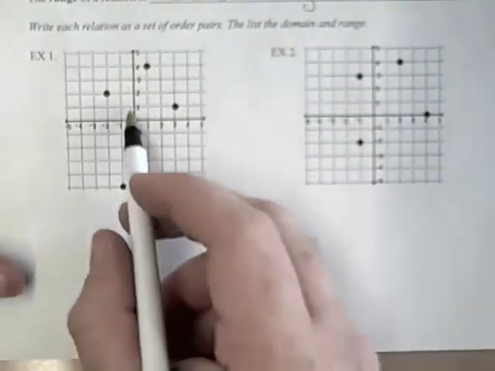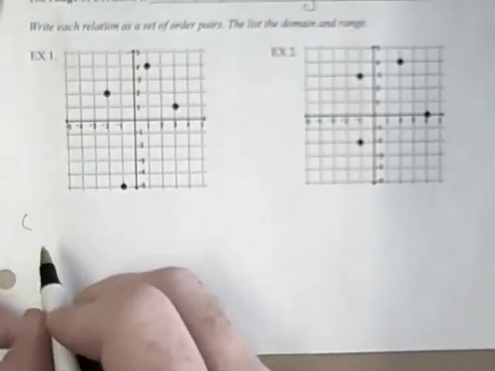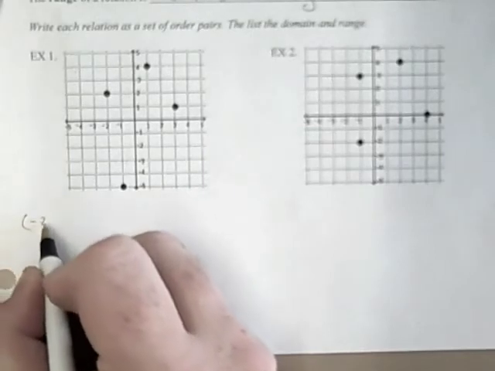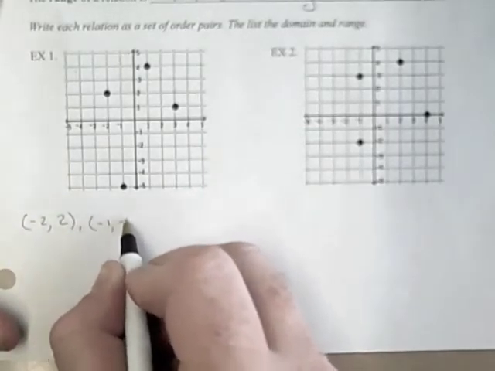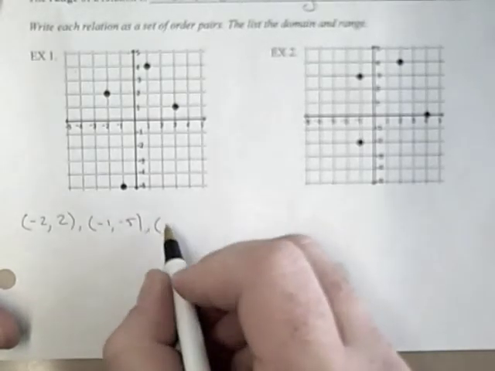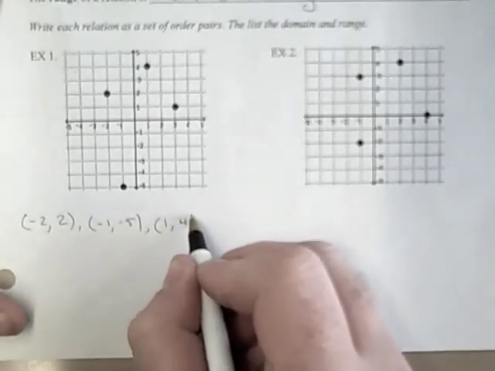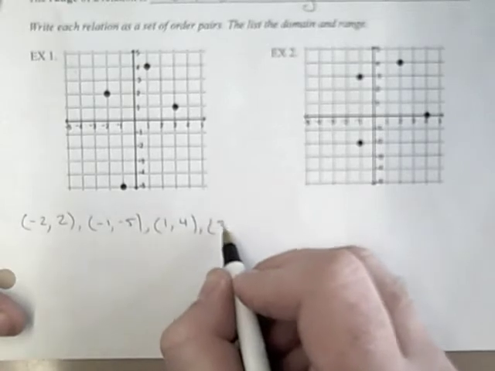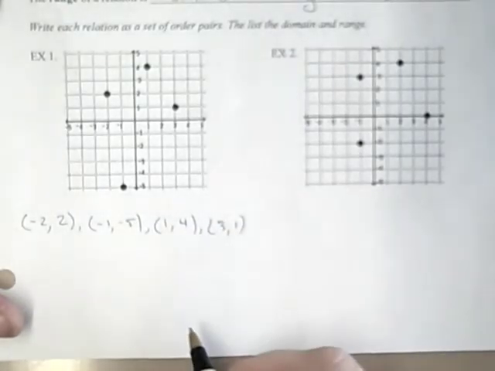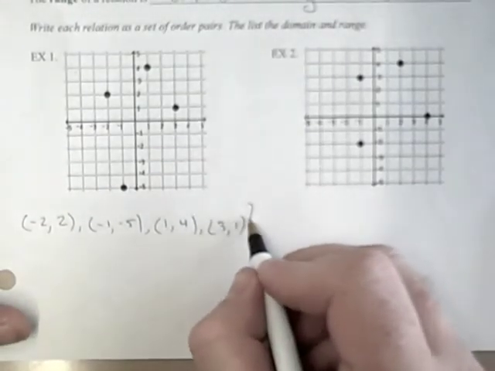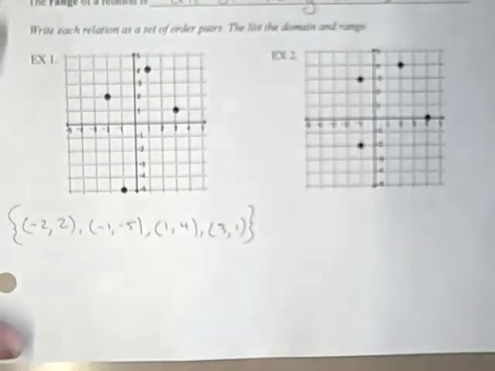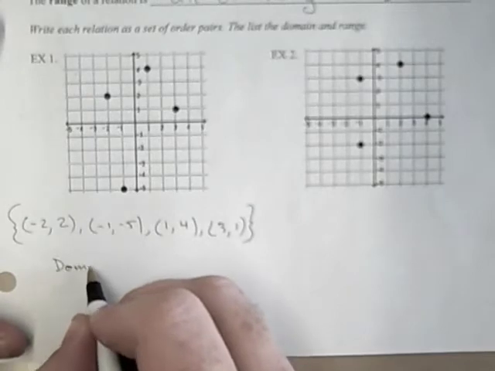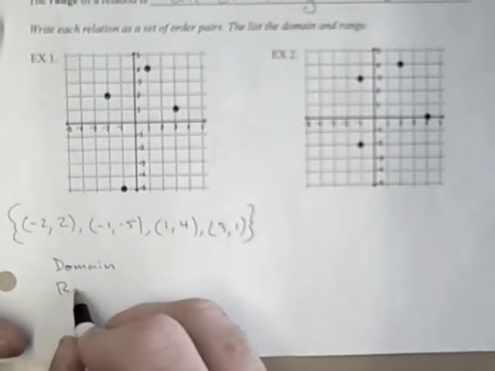So here it says, write each relation as a set of ordered pairs, then list the domain and range. We can do that. For this one, I'll just list each point. -2, 2. -1, -5, 1, 4, and 3, 1. Again, to indicate that they all go together as one relation, I will put them in the brackets. Now I'm going to list the domain and the range.